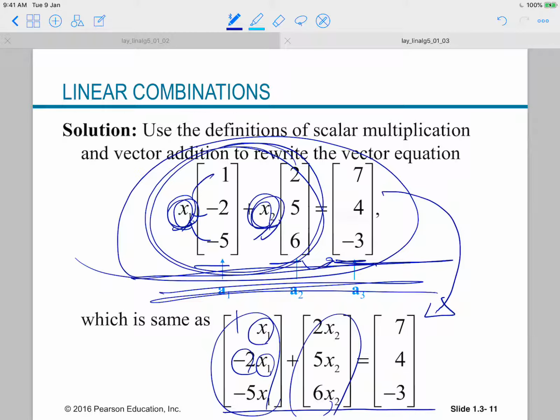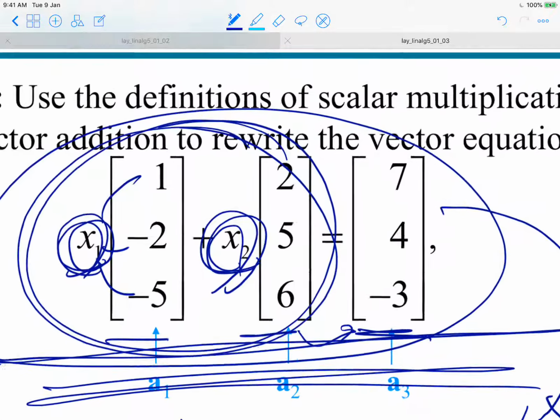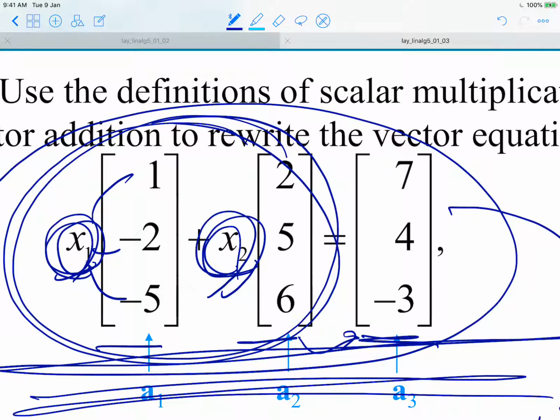We can think of it as a vector equation version of a given linear system. So we have a linear system, and then we have its corresponding vector equation version. They are essentially the same. Our linear system can be represented in the form of this vector equation.